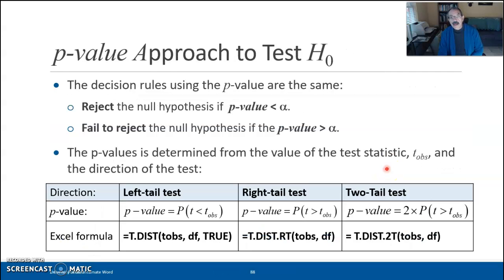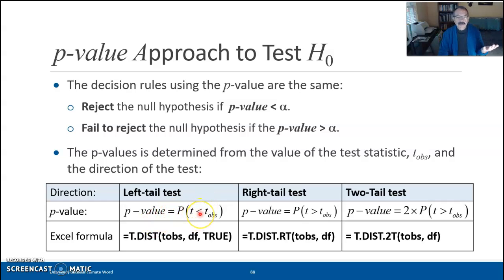Now, if you decide to follow the p-value approach, again, we follow the same rule as before. If the p-value is smaller than alpha, we reject the null hypothesis. If the p-value is larger than alpha, then we do not reject the null hypothesis. And the p-value, again, is calculated based on the direction of the test.